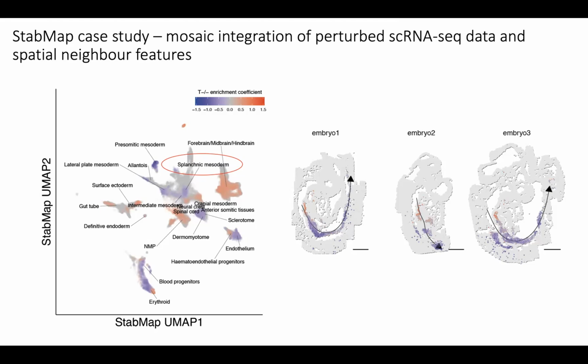And by virtue of performing this joint embedding, we can get our best guess at what may be happening in terms of the perturbation itself. So I think that's cool. I think it's nice that we can use the strengths of both technologies and bring them together in silico.